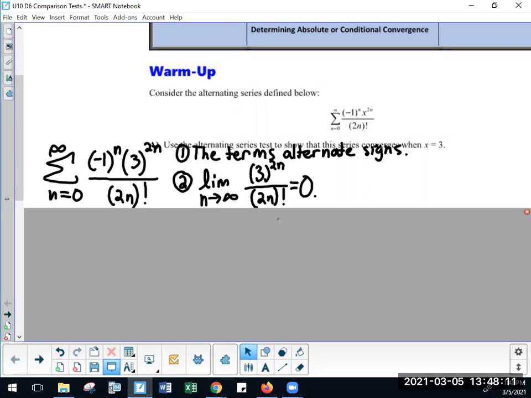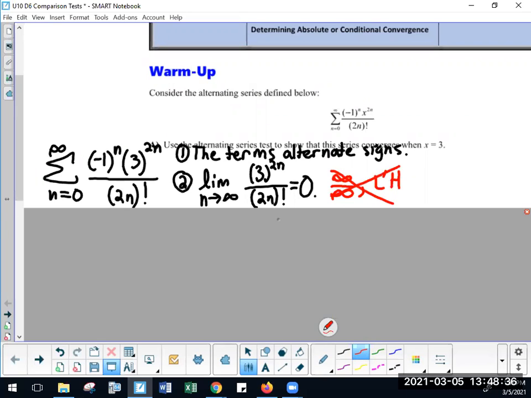Now, to determine that that limit was 0 took some doing, because when I looked at it first, I was like, yo, infinity over infinity, so I should do some L'Hopital's rule action, right? Yeah, you had that thought too, didn't you? And then you're like, what's the derivative of 2n factorial? Which is the correct response.